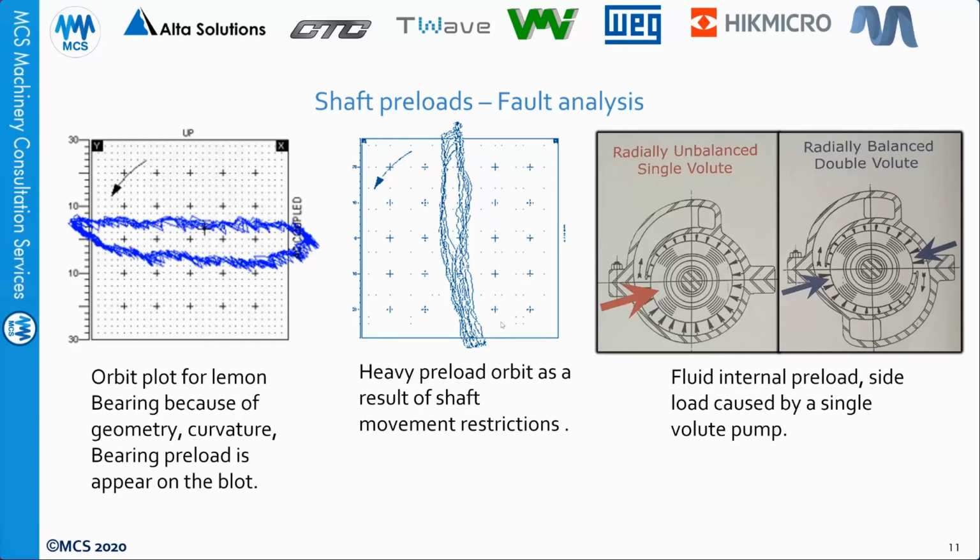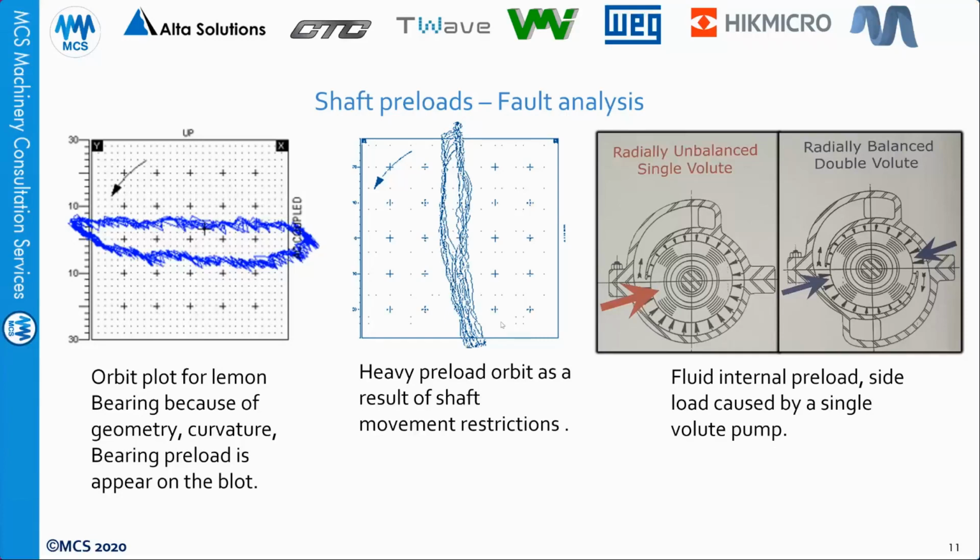It's not massively high, and the machine has been running like this for many years with no issues at all. So it is very important when you do the analysis that you know the bearing type, because the bearing type will definitely affect the orbit shape and the shaft centerline position. So you need to consider the bearing type.